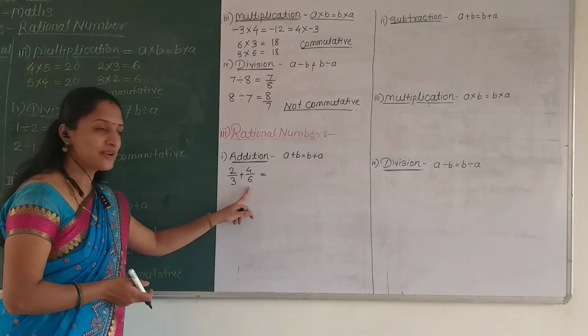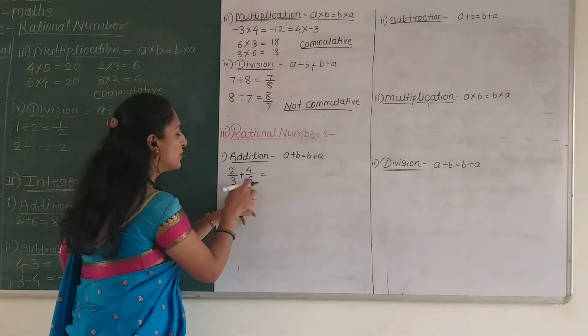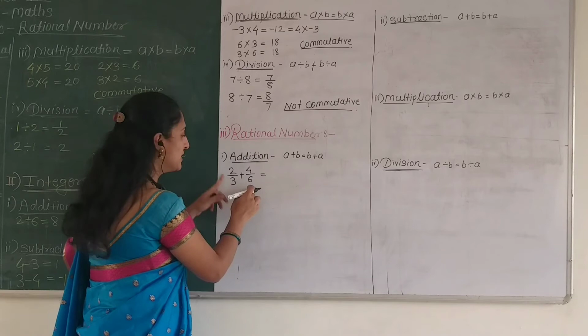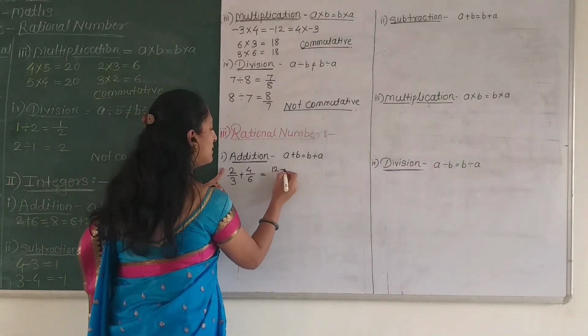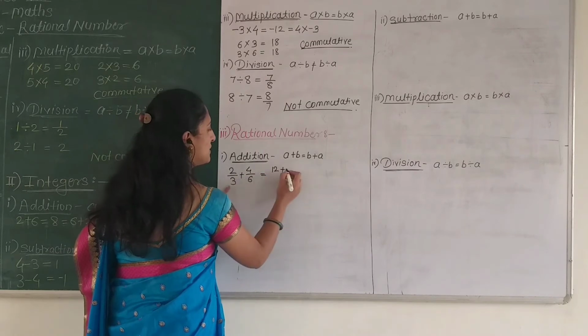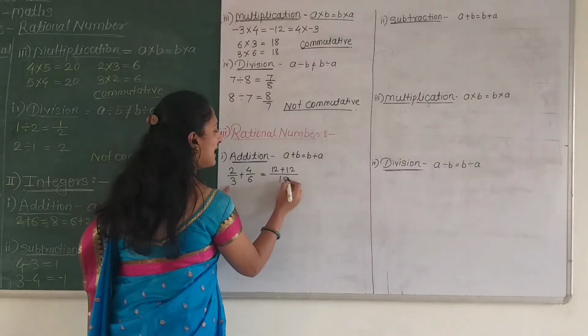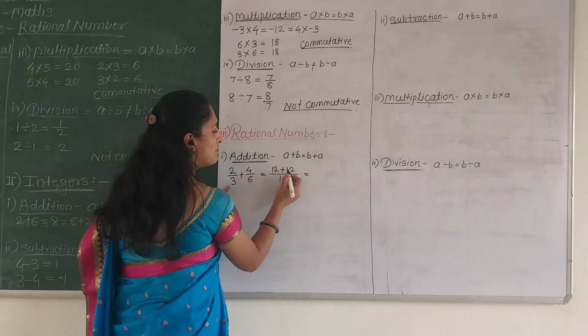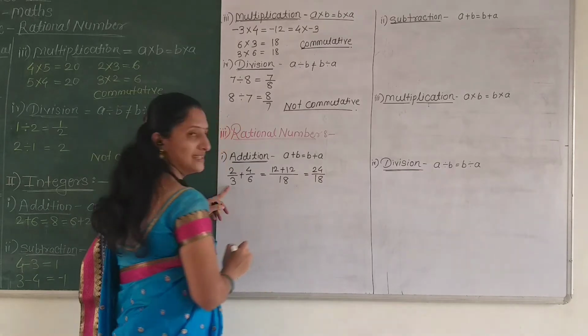So let us take cross multiplication. So by taking cross multiplication, here we get 2 into 6, that is 12, plus 4 into 3 is 12, divided by 6 into 3 is 18. Right? So 12 plus 12, that is 24 upon 18.